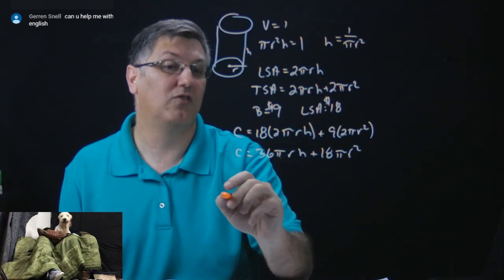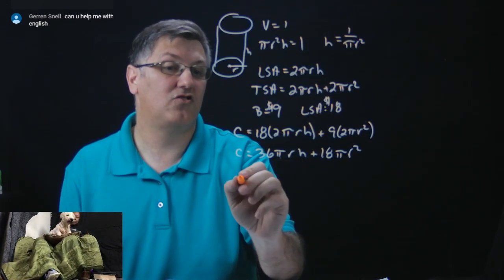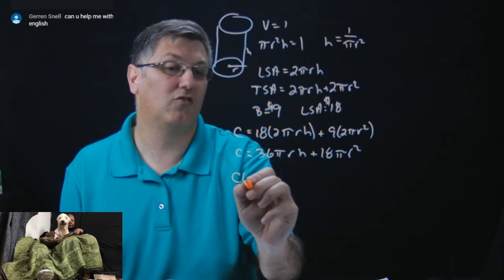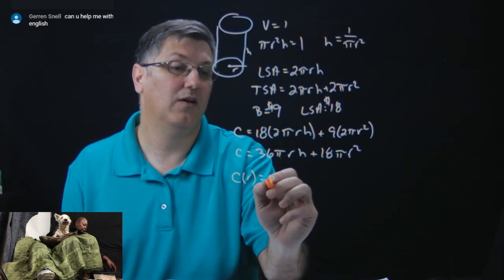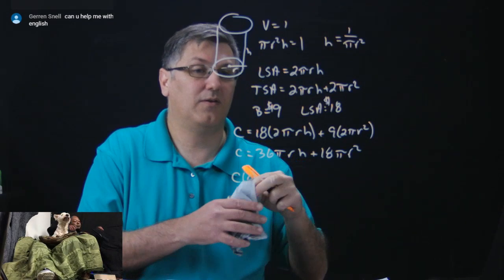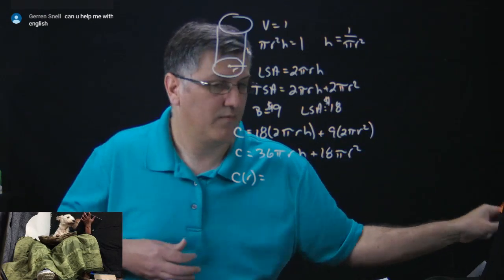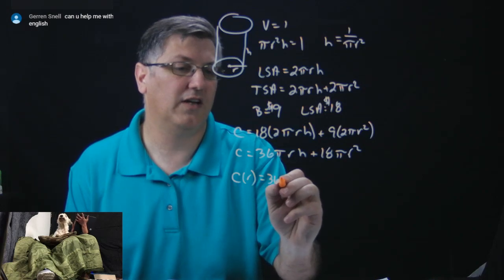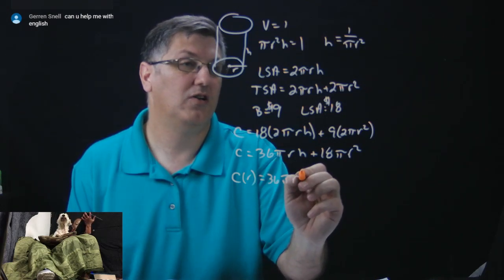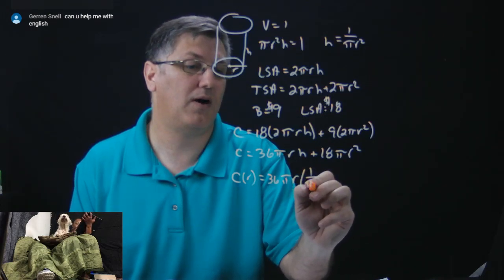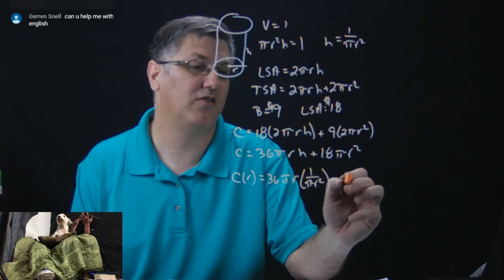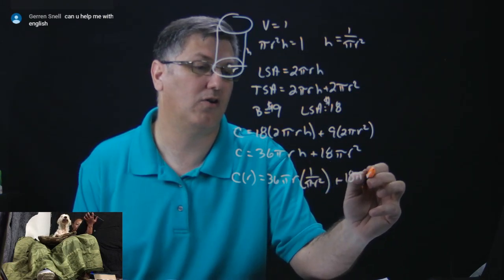So I substitute that in for my h, and I'm going to get my cost in terms of my radius is going to be 36 pi r times 1 over pi r squared plus 18 pi r squared.